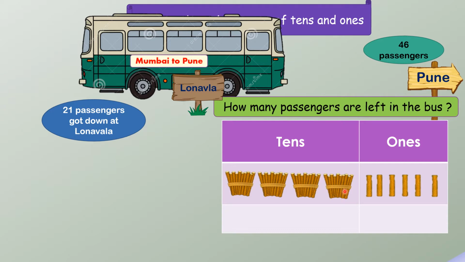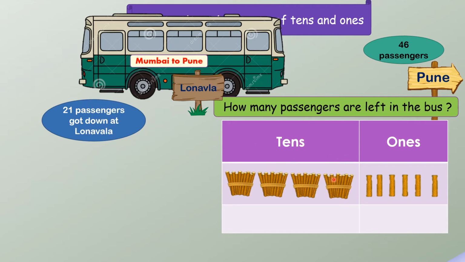Now from this 46, 21 passengers have got down at Lonavala, right? So we need to take away those 21 passengers from these 46. These passengers are among these 46, right?